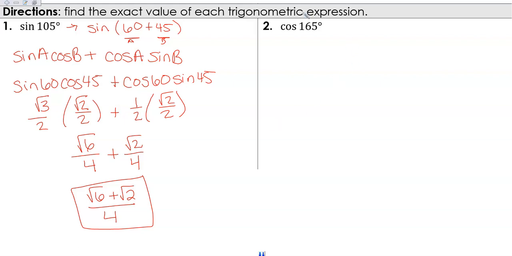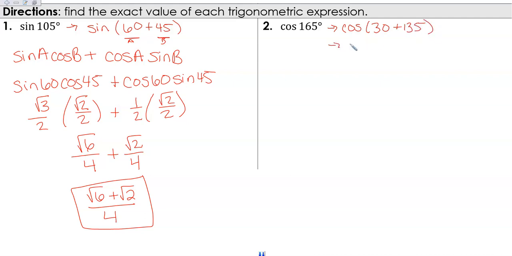Okay? So let's try to work this one. And one thing that I want to say too is that there are often multiple ways to get from point A to point B. So with 165, there are several different possible angle measures that I could use here. I could do that this is the cosine of 30 plus 135.